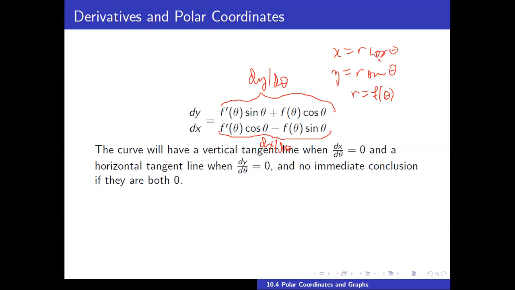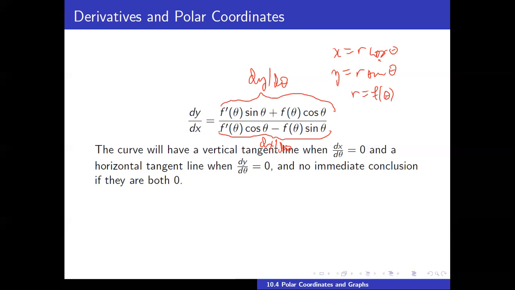Well, that will happen when the numerator is 0, correct? Because then dy dx would be 0, yes? So if the numerator is 0, then we will have a horizontal tangent line. That just means dy d theta is 0. And we can't really draw a conclusion if both the numerator and denominator are 0. That's a problem. Okay, we have to think about that separately.